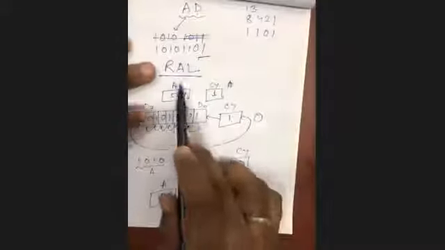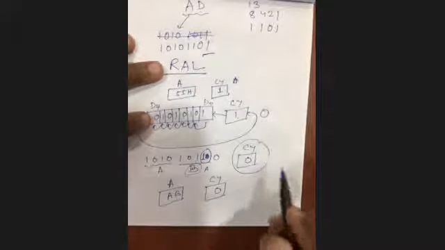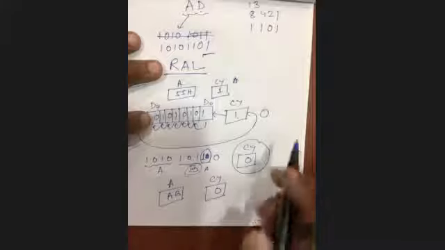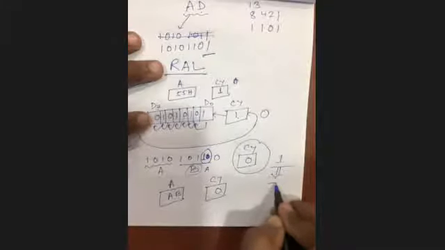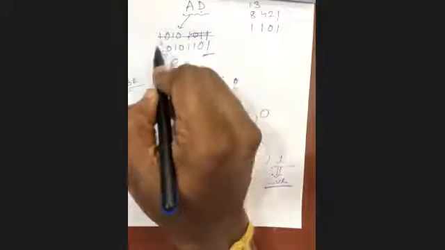Using RAL, after the instruction, if the carry flag is 0, it indicates the number is positive. If the carry flag is 1, it indicates the number is negative, because in the sign magnitude number system, the most significant bit is the sign bit.